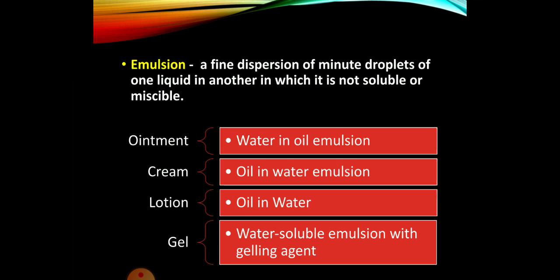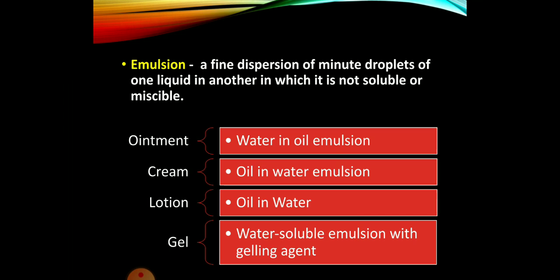So just to summarize, emulsion is basically a fine dispersion of minute droplets of one liquid in another in which it is not soluble or mixable, whereas the ointment is defined as the water in oil emulsion. But there are exceptions. Cream is the oil in water emulsion, like cosmetics, the vanishing cream, the washable cream.